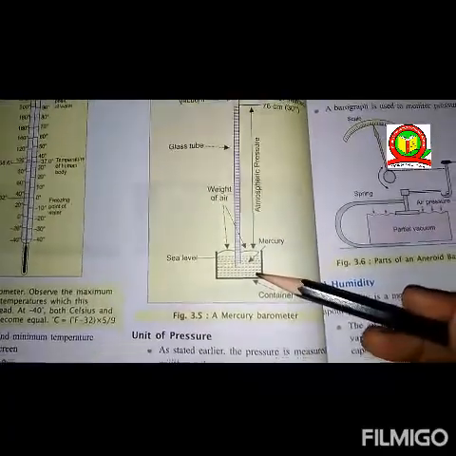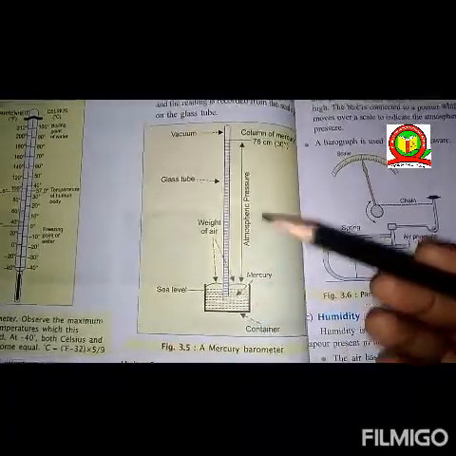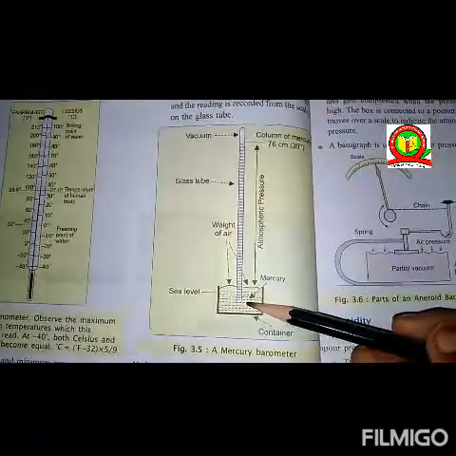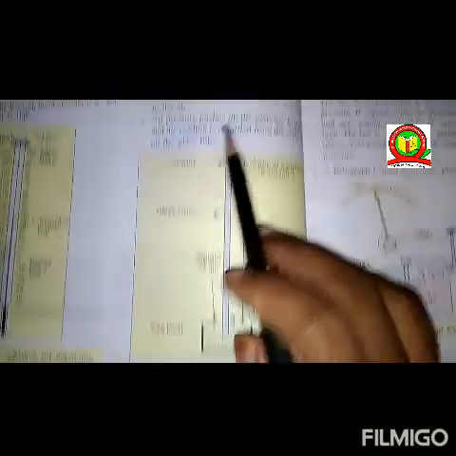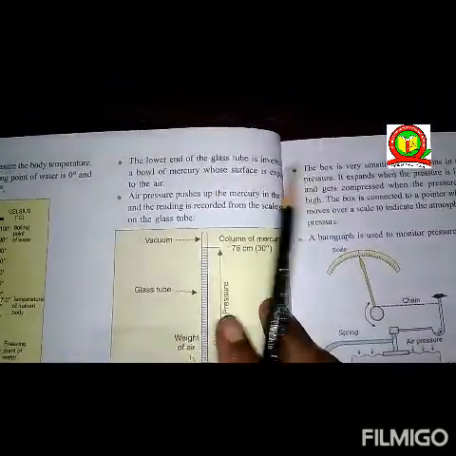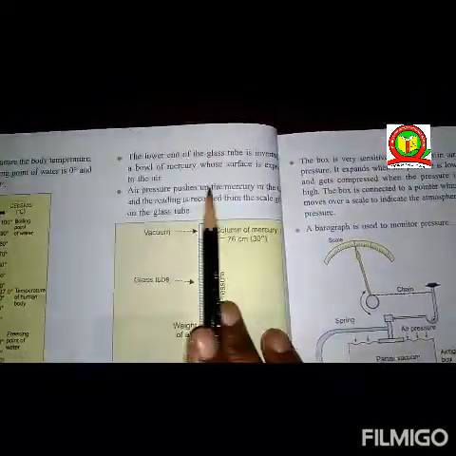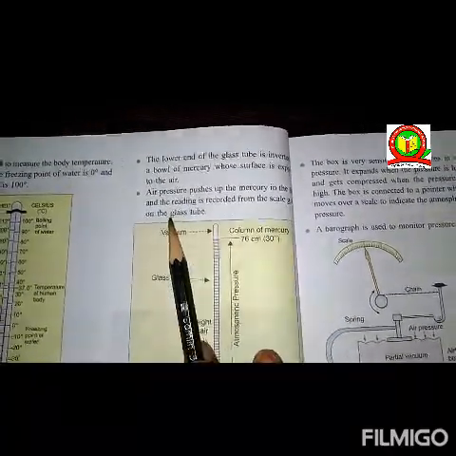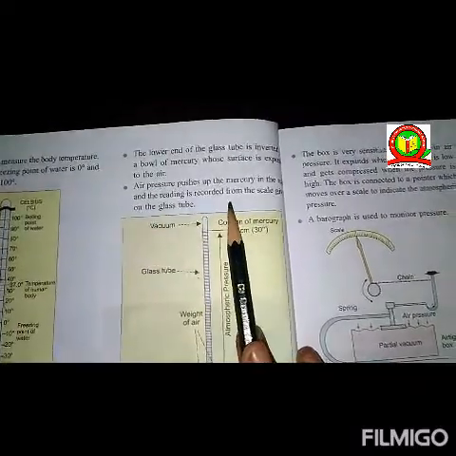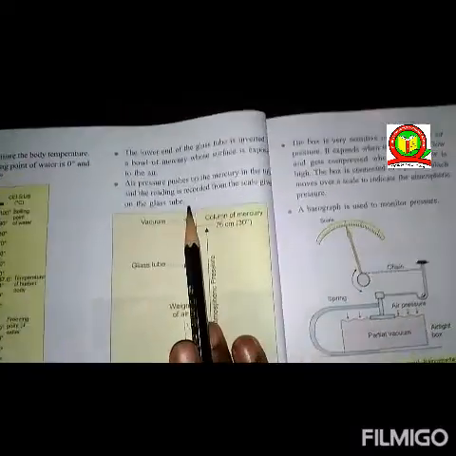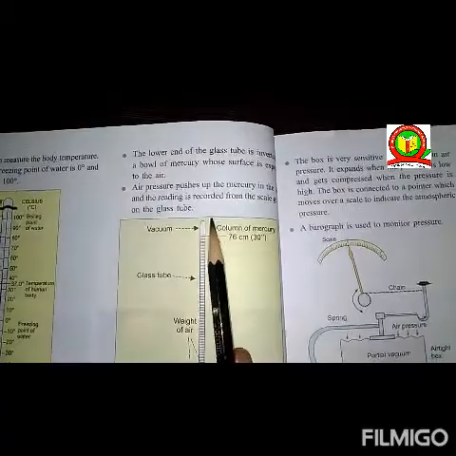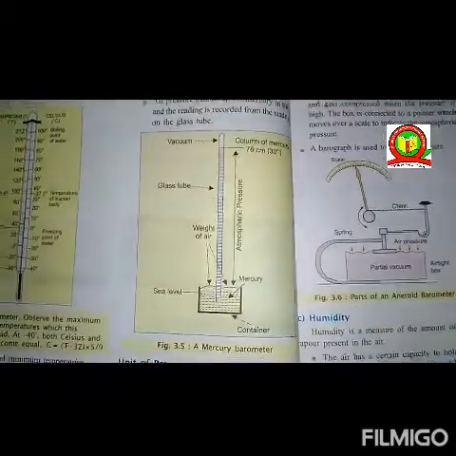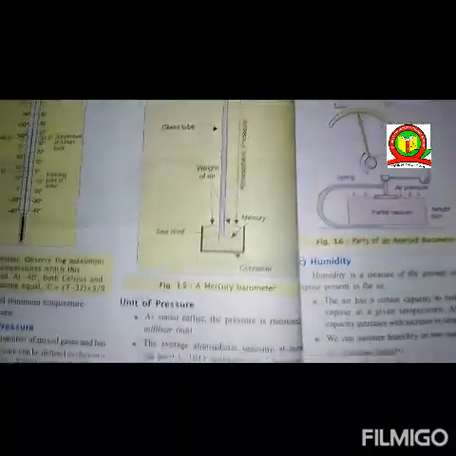The lower end of the glass tube is inverted into a bowl of mercury whose surface is exposed to the air. Air pressure pushes up the mercury in the tube and the reading is recorded from the scale given on the glass tube. This is a picture of a mercury barometer.